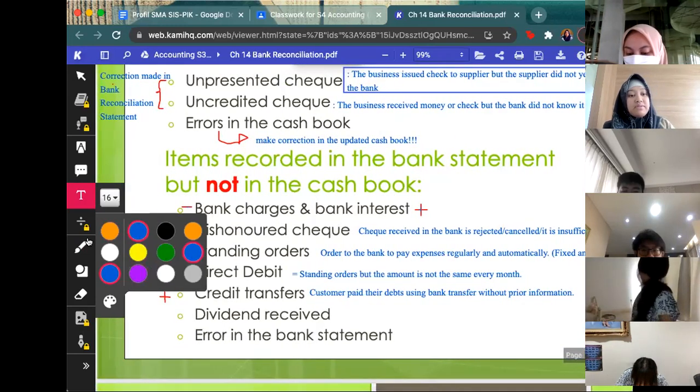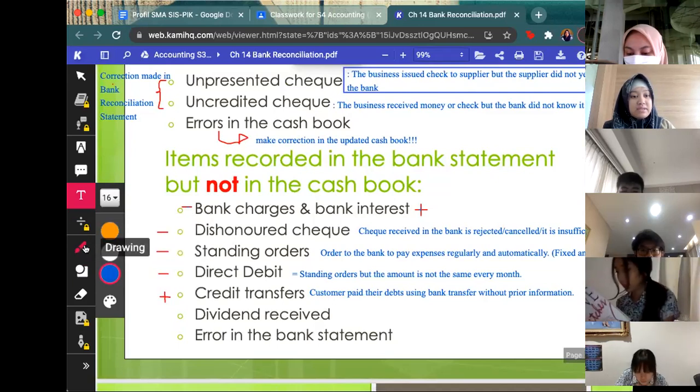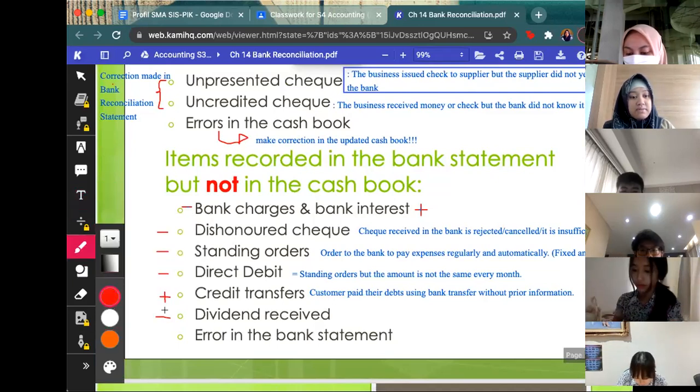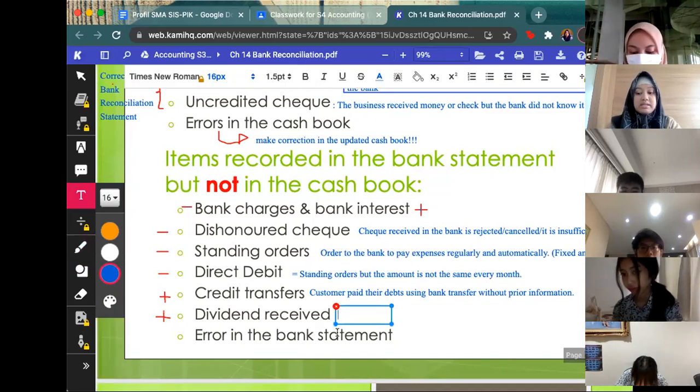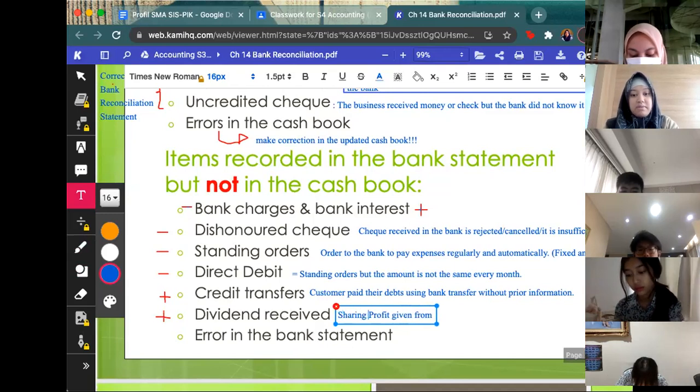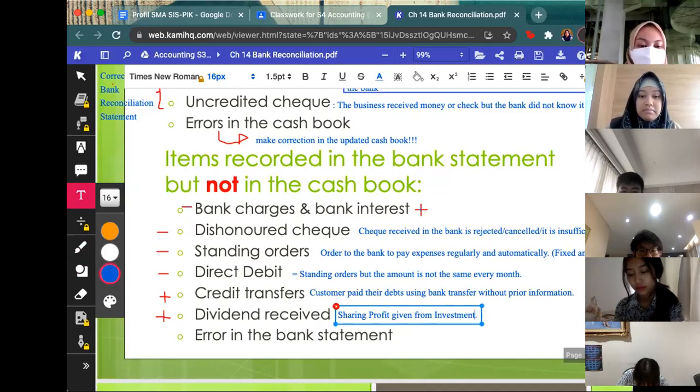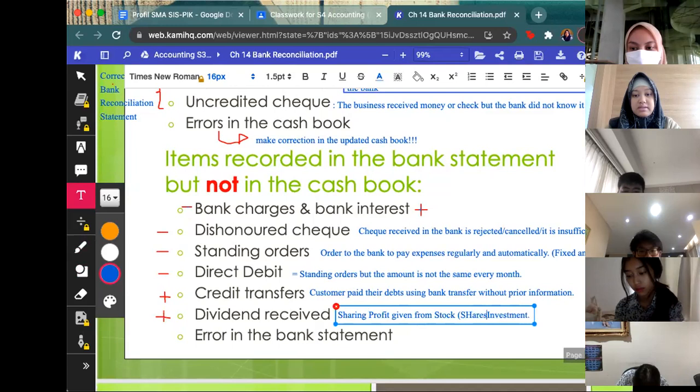Now, dividend received next. Dividend received is also positive. What is actually dividend received? This is profit given from sharing profit, from investment, from stock investment or shares.